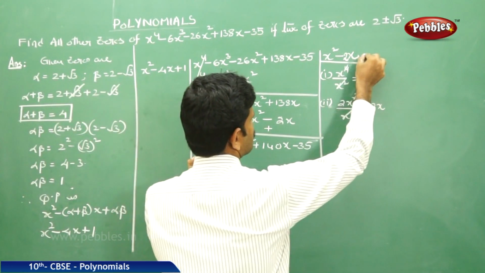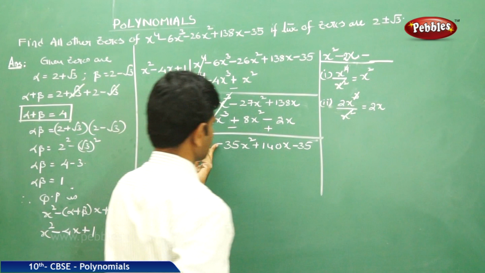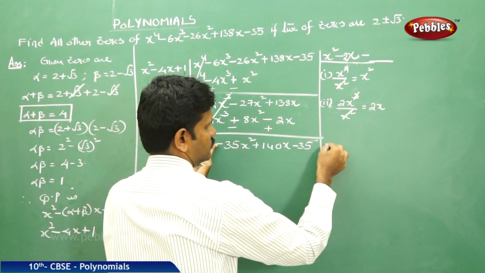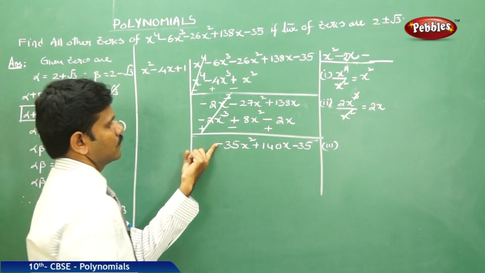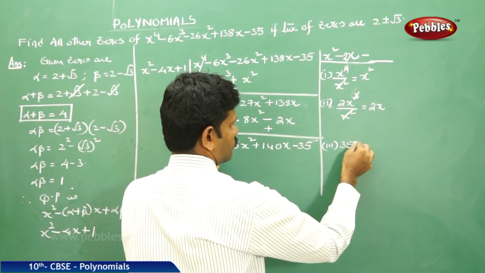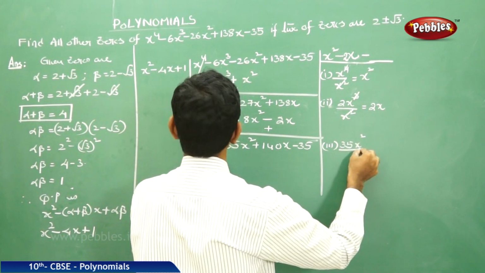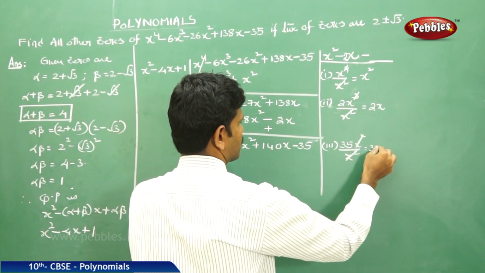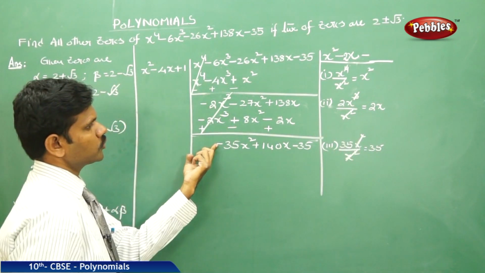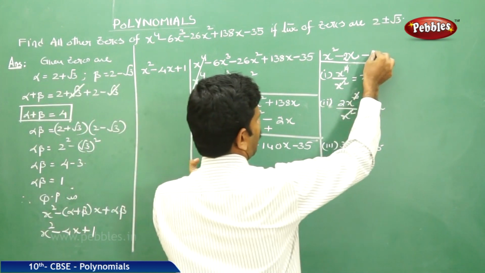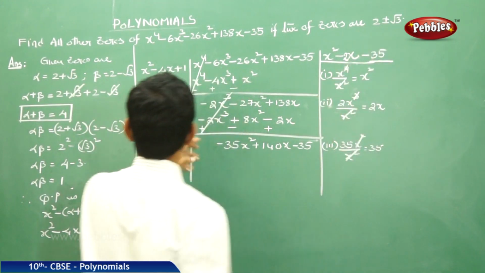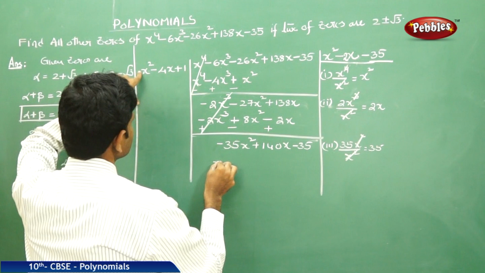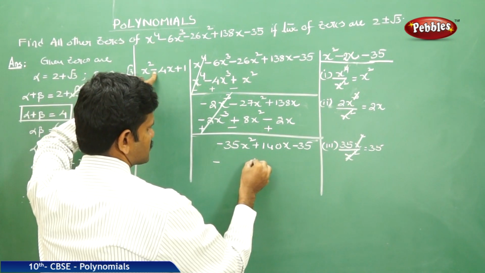Minus symbol to be shifted to your answer part, and go to the third cancellation. 35x square by x square get cancelled, that is 35. Now before going to multiply, change the signs. Plus is here, write the minus. Minus is here, write the plus.